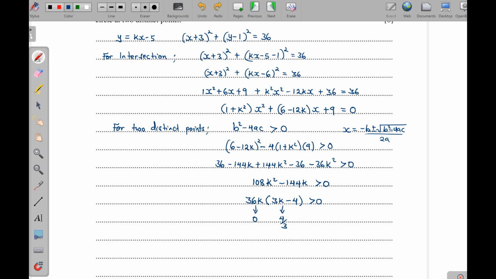It is positive. That means you're going to have a U-shaped curve, okay? Then where it meets the k-axis, we are going to have the 0 here, then the 4 over 3. So in this region here between 0 and 4 over 3, it's negative because it's below the k-axis, okay?